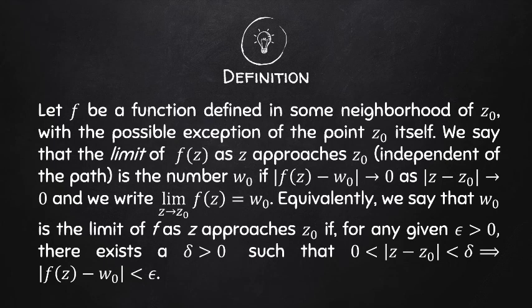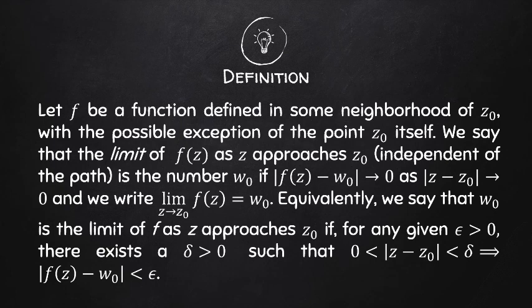We say that the limit of f(z) as z approaches z0, in this case independent of the path, is the number w0 if the absolute value of f(z) minus w0 approaches 0 as the absolute value of z minus z0 approaches 0, and we write the limit as z approaches z0 of f(z) equals w0.